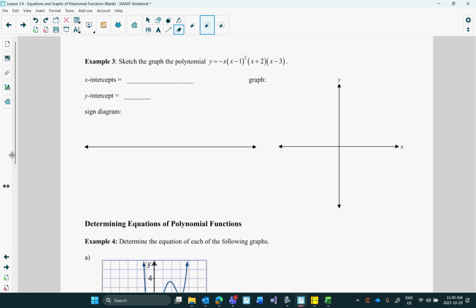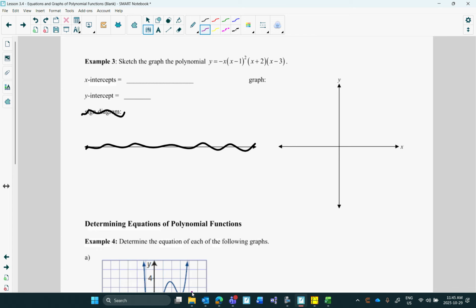This one. Again, don't worry about the sign diagram. Notice this one, you're given the factored form, which is nice because that would take a long time to factor.